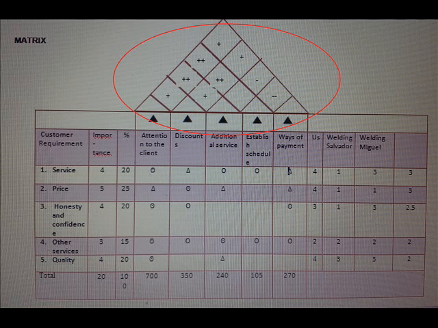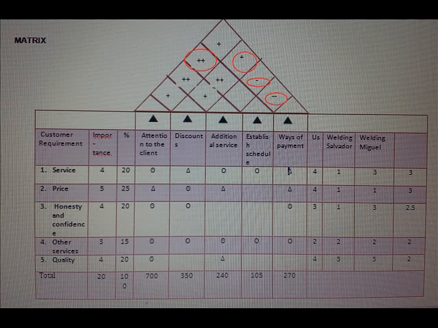So then we go ahead and do the little house, and we go attention to clients. What is the importance of attention to clients with discounts? So we put relevant. What is the attention to clients and other services? And we put two positive symbols.